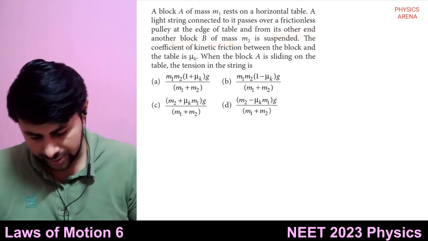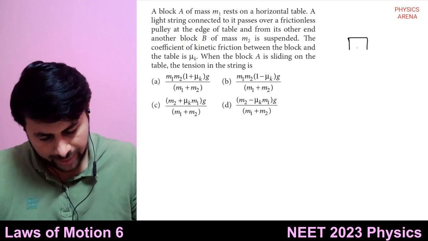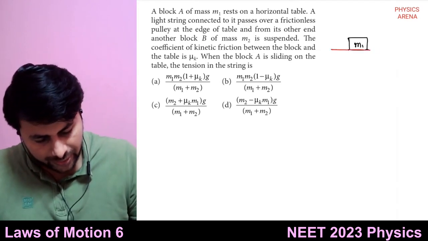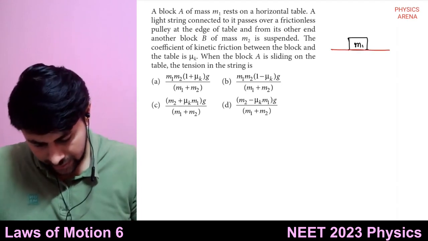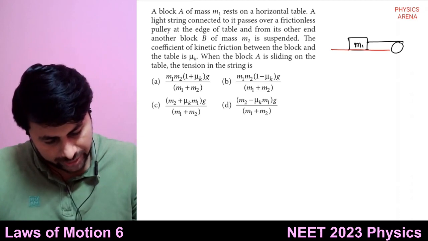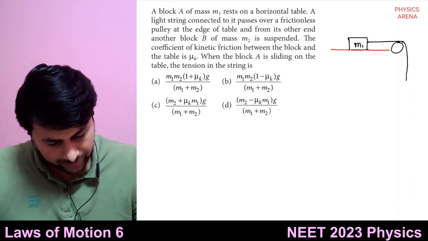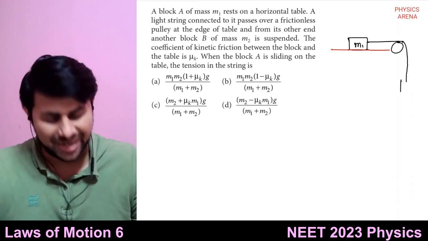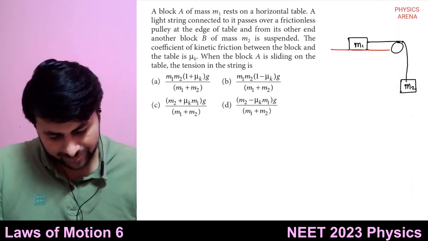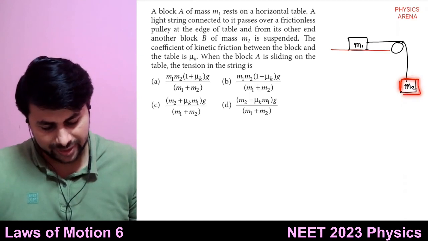Okay, so there is a block of mass m1. It rests on a horizontal table. Connected to it is a string which passes over this pulley, and from that string another mass, m2, is connected. It is suspended, right?